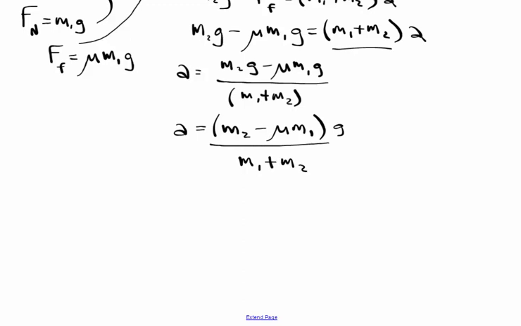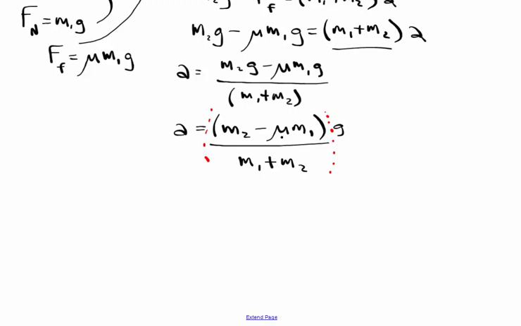And one thing I want to point out to you is that if you draw a line around this part of it, all you see is a bunch of masses and this coefficient of friction. So the units of that whole thing is nothing, because I'm dividing mass by mass.